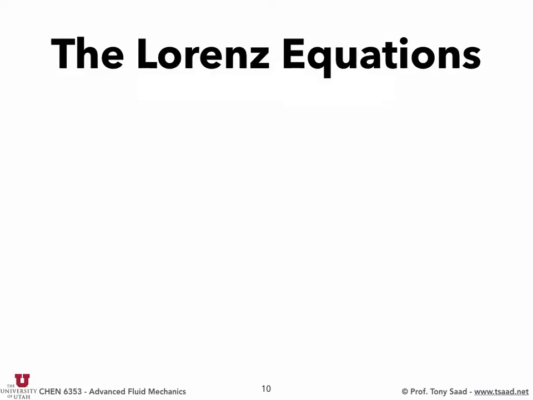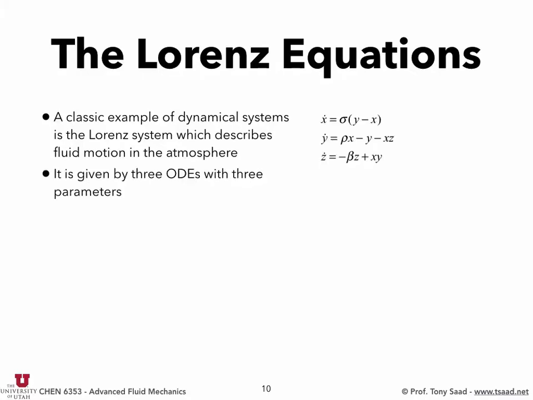And Lorenz was running some computations. He developed a reduced model for flow in the atmosphere. I don't know the details, but you can read up his paper. It's pretty simple. He came up with a system of ODEs. Let me show you the ODEs. He came up with these three ODEs: dx/dt equals some parameter times (y minus x), and dy/dt equals rho x minus y minus xz.